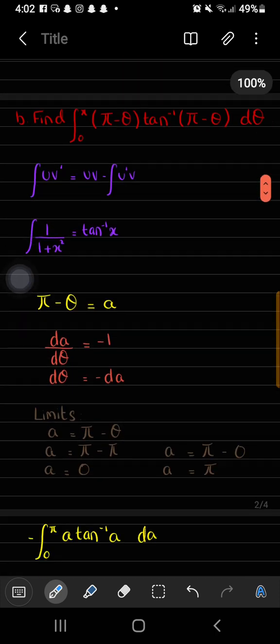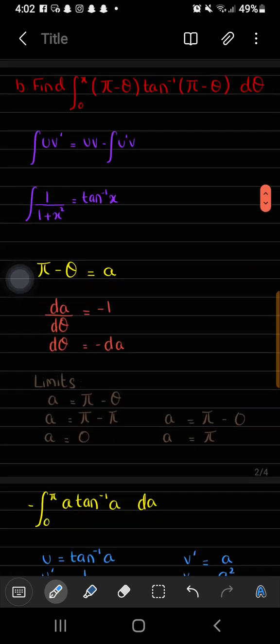So let's have a look at our working. First we revised the properties of integration which will be used in this part. The first thing we used was the by parts method, and the second, the property of integration that 1 upon 1 plus x square after integration will be tan inverse x.